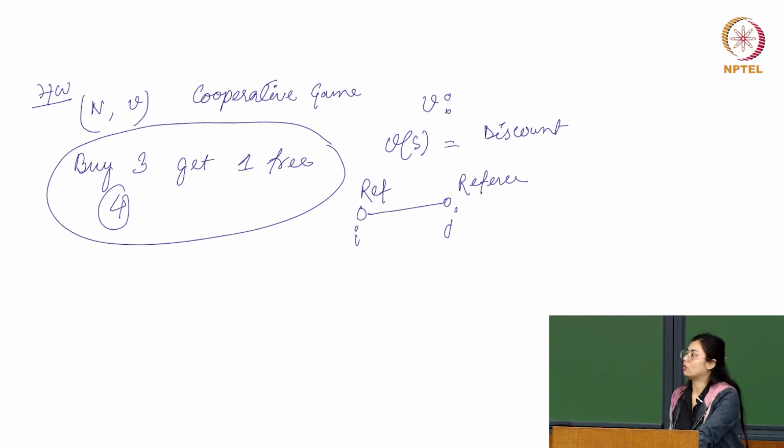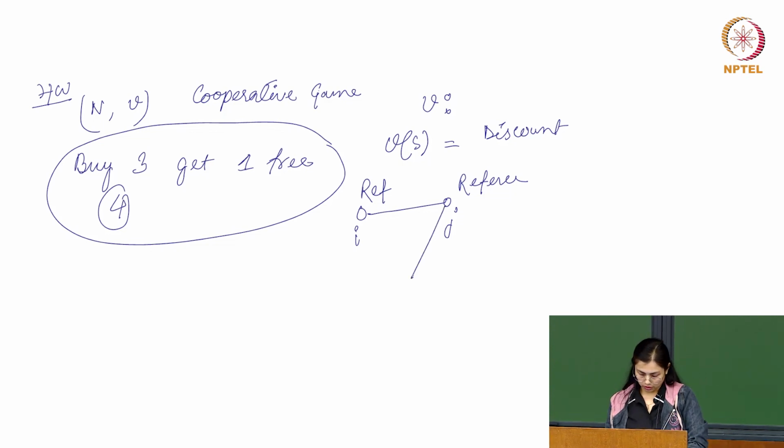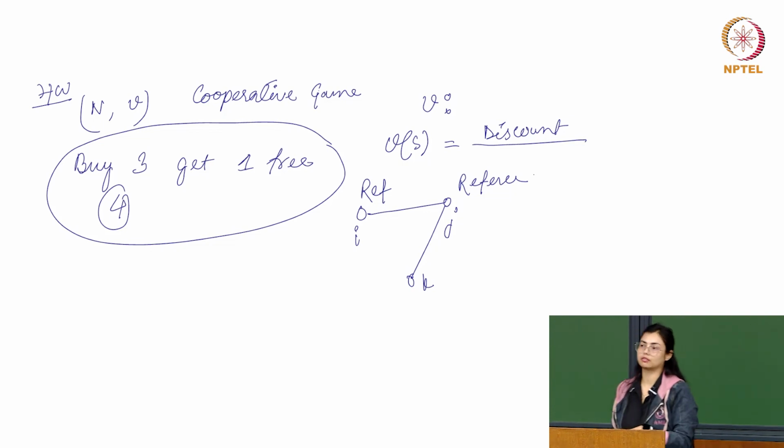If we have an odd number, then it will be okay. Suppose there is another player, so if I refer J and J refers K, then whatever discount they got together, you are going to distribute equally among them. This is how we can construct the game.